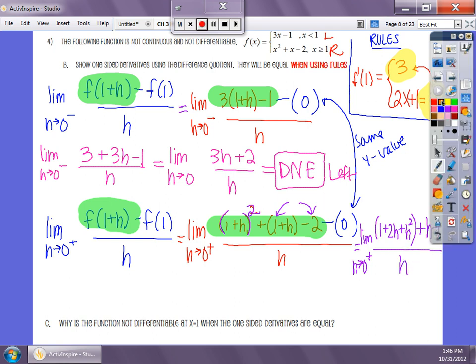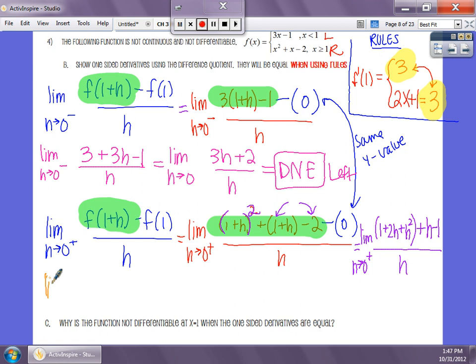Now, in orange, the right-sided derivative would be the limit as h goes to 0 from the right of, so everything's being added. There's no negatives anywhere. So I'm going to do h squared plus 3h all over h. Let me make sure I did that correctly.